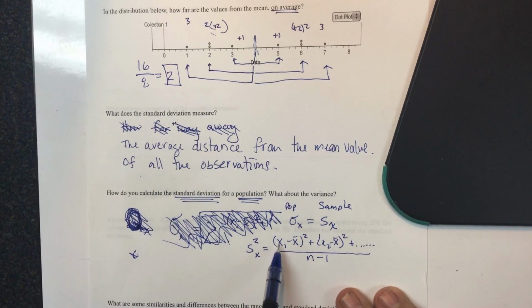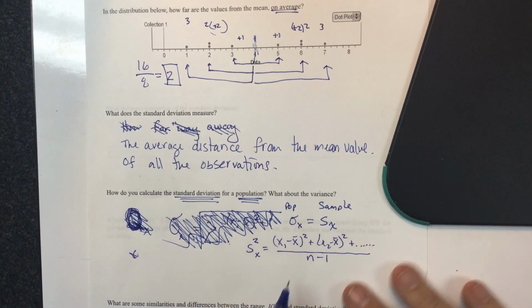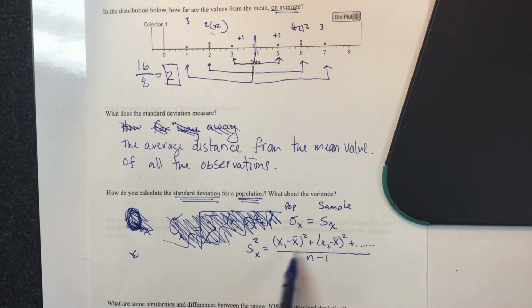So what we're saying is that you'd take x minus x bar, so your x value minus the mean you found, you subtract them, and then you'd square it, and then you'd add that to the second data point, x2 minus x bar squared, and you just keep going and going, and then you'd finally divide that by n minus 1.